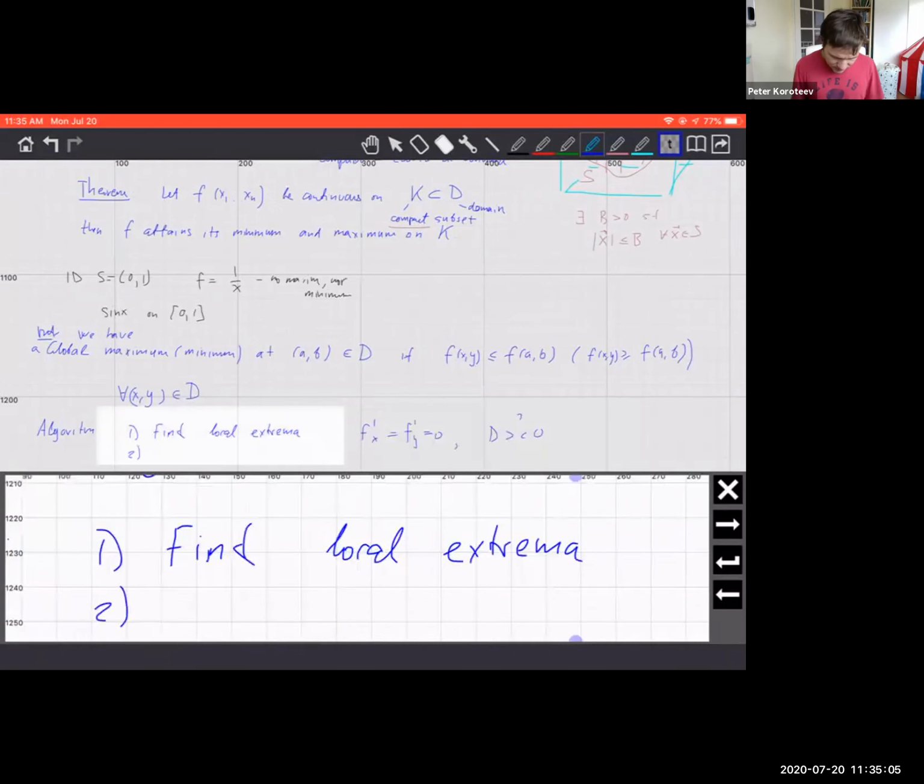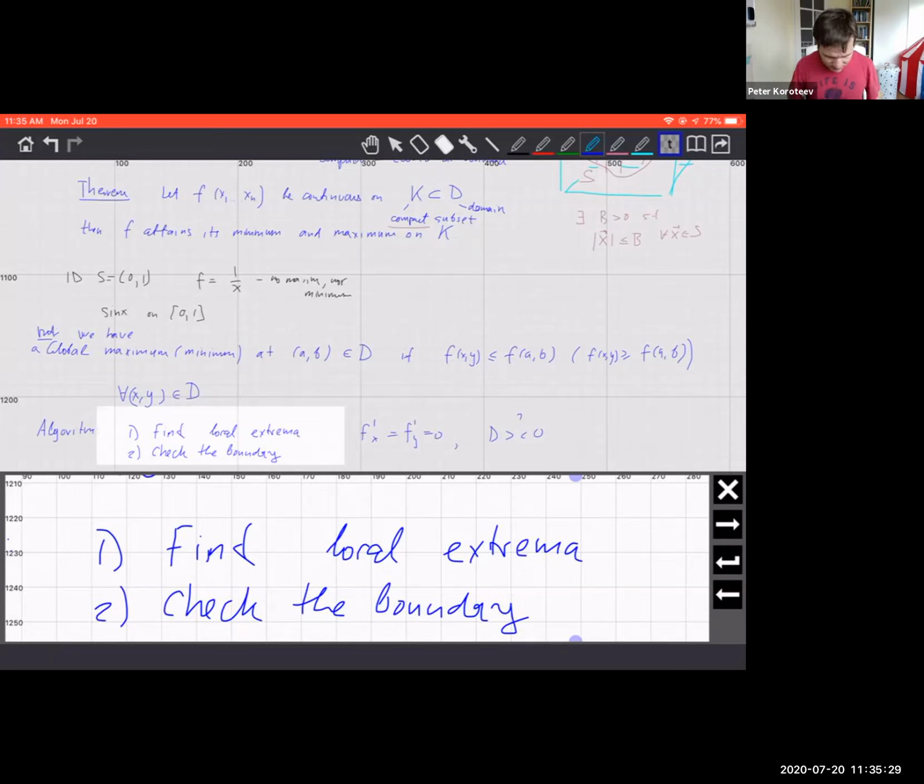And second, you need to check the boundary. It may happen that the function takes a bigger value or smaller value on the boundary than anywhere else on the set.